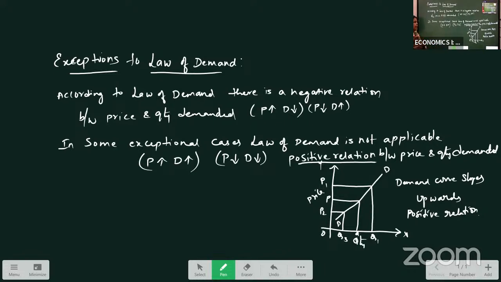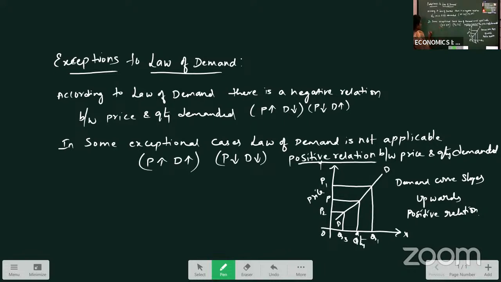But in certain cases, the law of demand is not applicable. That means when price increases, our demand also increases, meaning demand will not decrease. A positive relation will be there between price and quantity demanded. Now let us see what all the exceptional cases are, where the law of demand is not applicable.